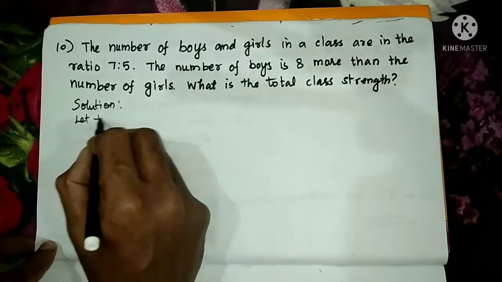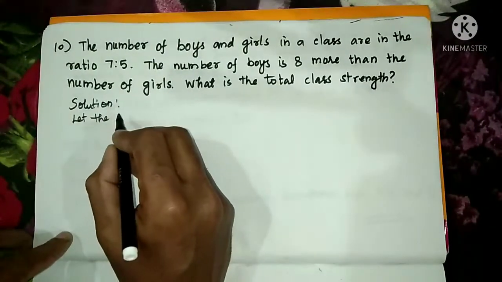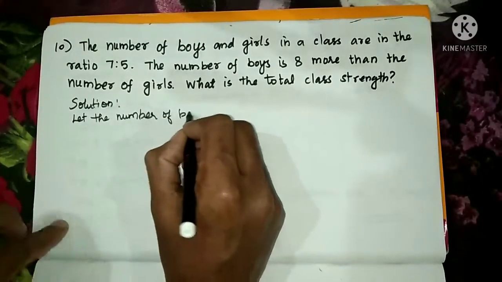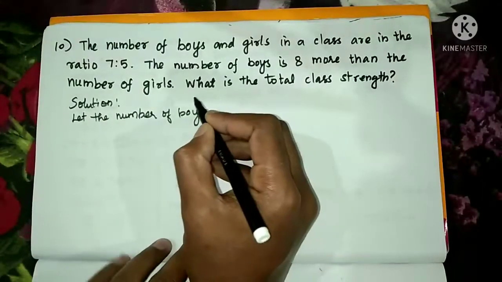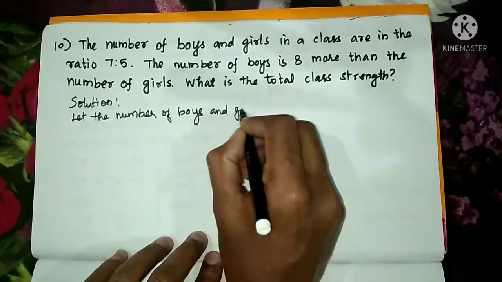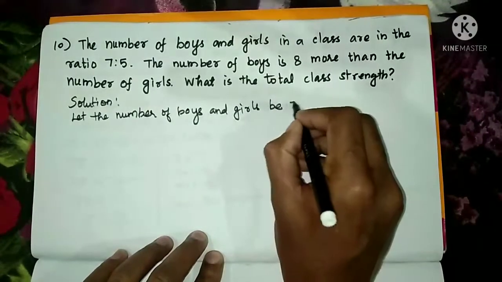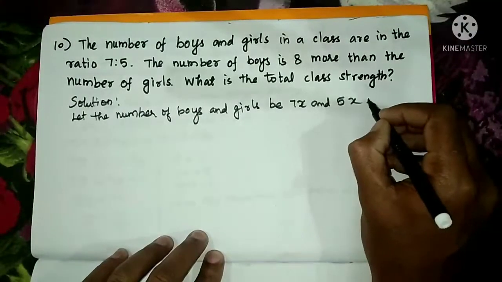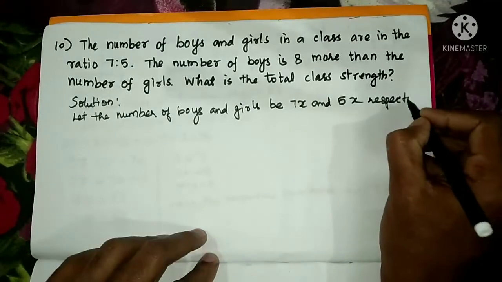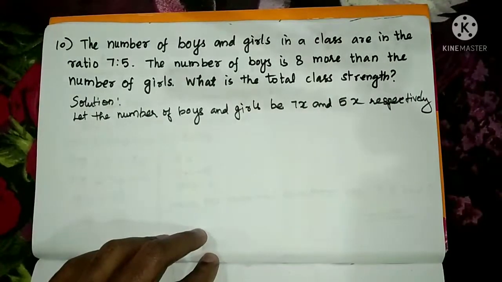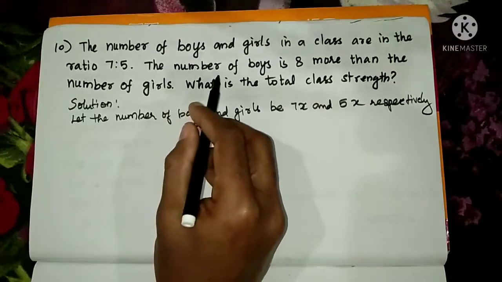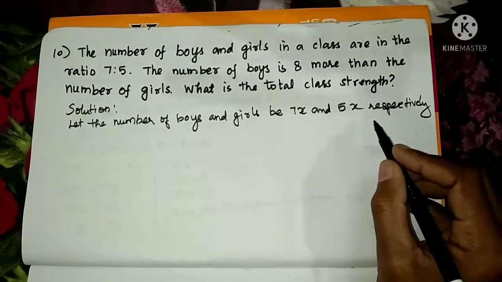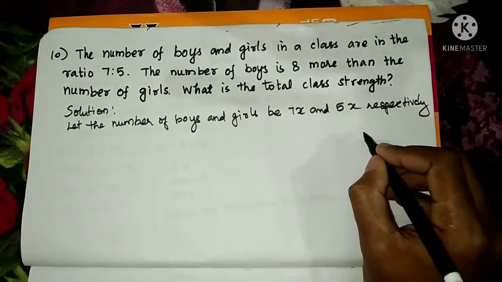So we can take, let the number of boys and girls be 7x and 5x respectively. When the question says the number of boys is 8 more than the number of girls, it clearly says that the number of boys is more than the number of girls.